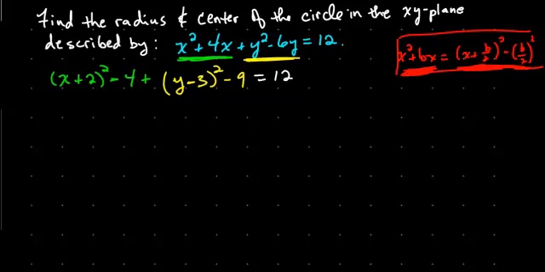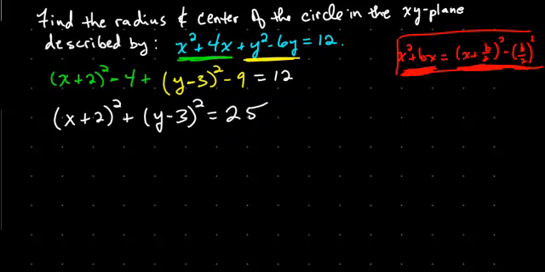So now we've got x plus 2 squared plus y minus 3 squared equals, what's that going to be, 12 plus 13 equals 25. Okay? So in my standard form that would be x plus 2 squared plus y minus 3 squared equals 5 squared.